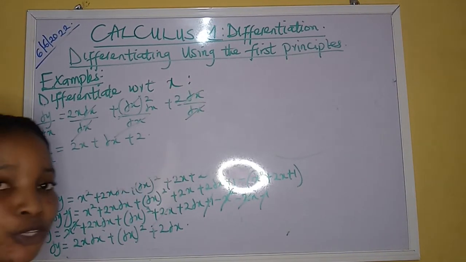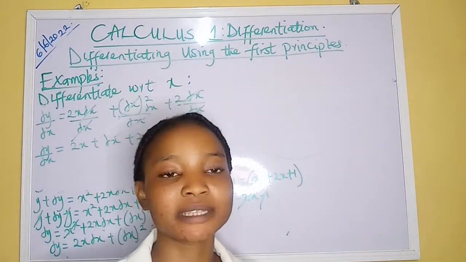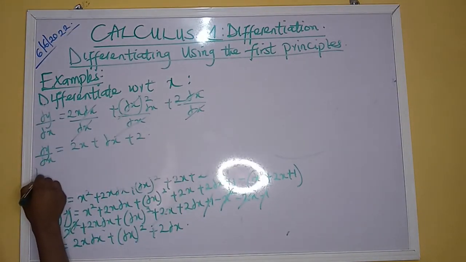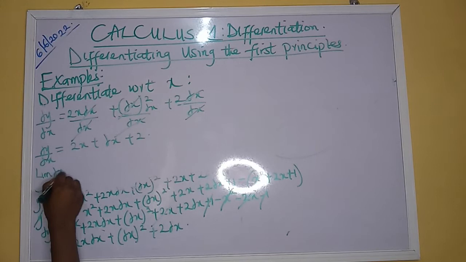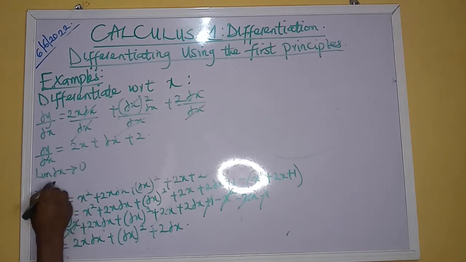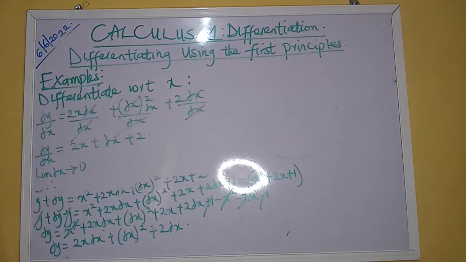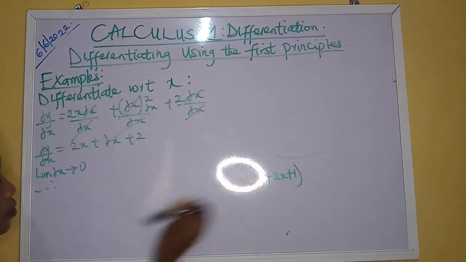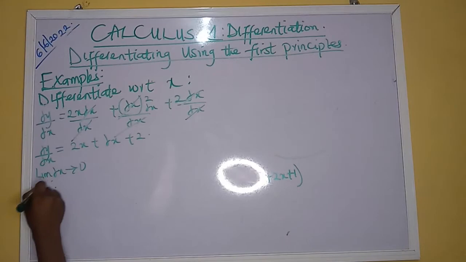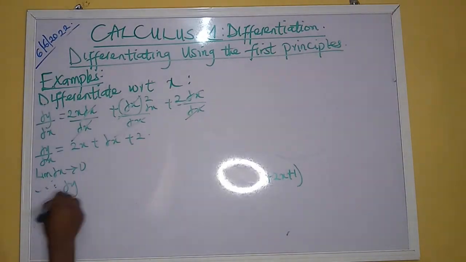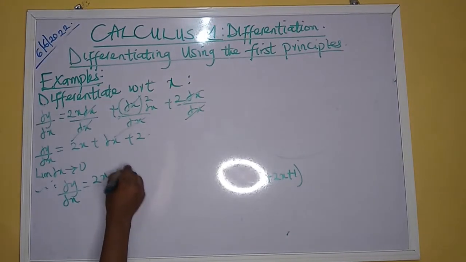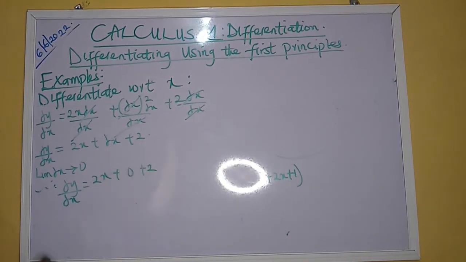The next thing to do is to make your dx limit to 0. And that gives us, therefore, dy over dx gives me 2x plus 0 plus 2.